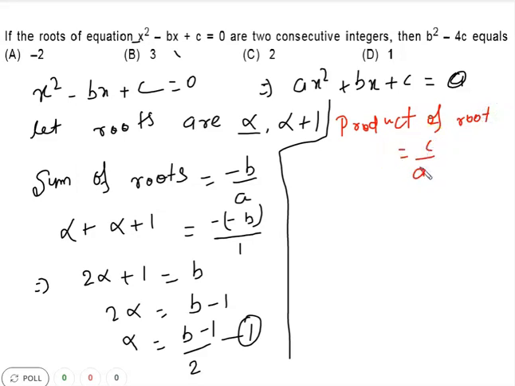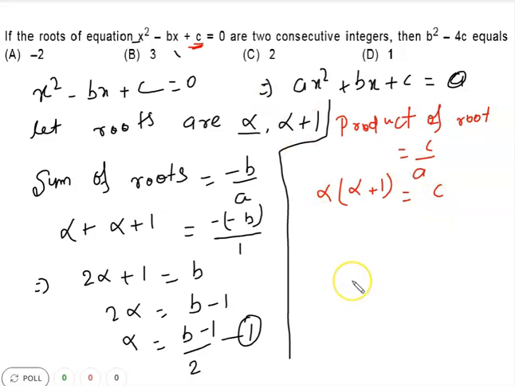So what will be the value of a, and what will be the value of c? a is the coefficient of x square, so a equal to 1, and c equal to c, because c is the constant present in the equation, right? And we can multiply alpha into alpha plus 1 equal to c by 1, so alpha into alpha plus 1 equal to c, guys, right?